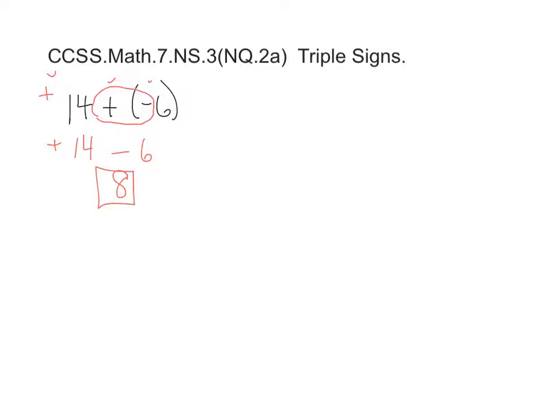So let's go through the two rules for the triple signs because all of them have two rules. So the first rule is you are going to change two signs to one sign. And that means that if you have these two come together, and usually it's by a parentheses, you're going to have like a positive and a positive side by side.